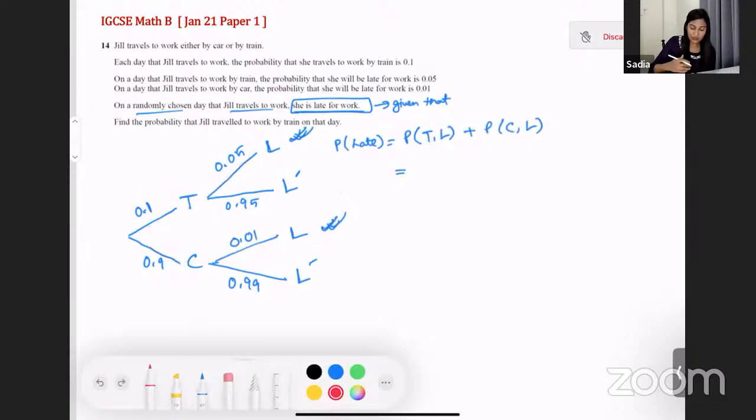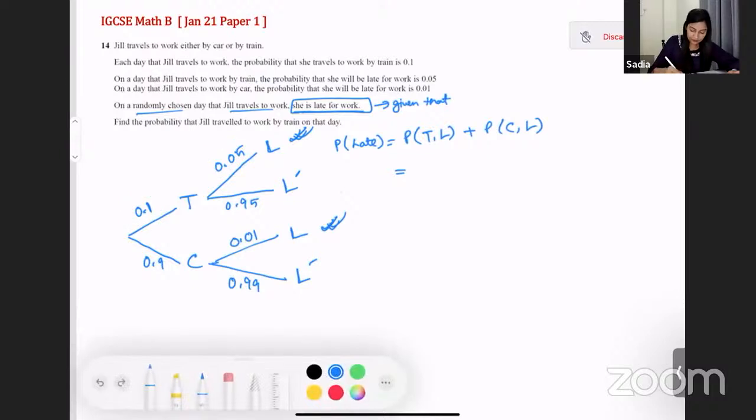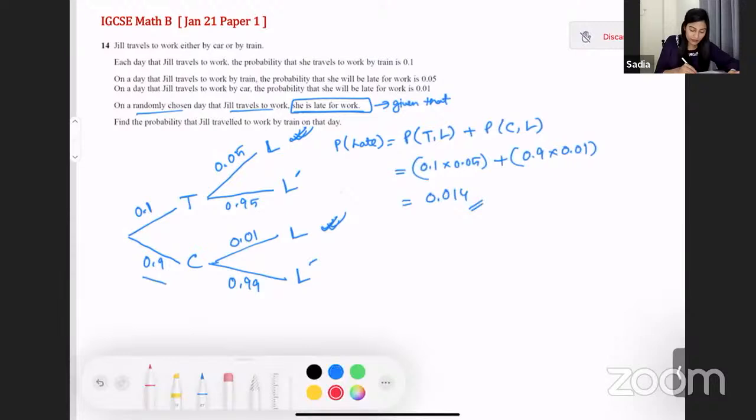Along the branch, you need to multiply the values, and when you're taking all the different branches, you need to add them up. So it's basically 0.1 into 0.05, and then car, so 0.9 into 0.01. So this will be 0.014.